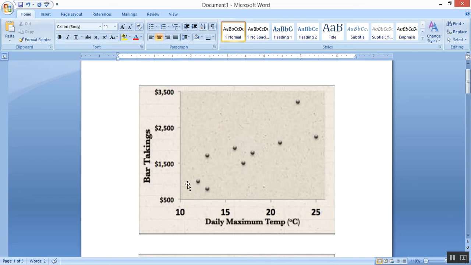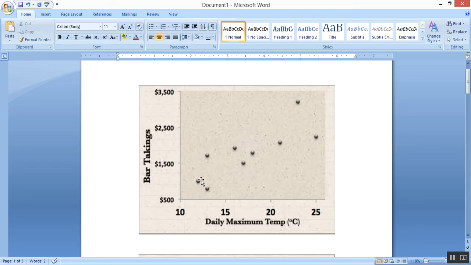So by looking at this particular data point, this particular observation, you're going to be able to draw information about how much money my bar earned that day and information about how hot or cold it was on that particular day.